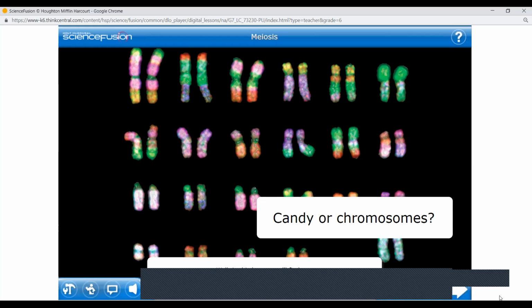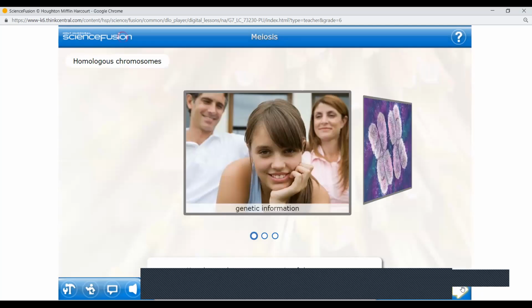In this lesson, you'll find out. Homologous chromosomes are pairs of chromosomes. In most body cells, each member of a pair is the same size and shape as the other member of that pair. Click the picture to begin. Humans have 23 pairs of chromosomes.